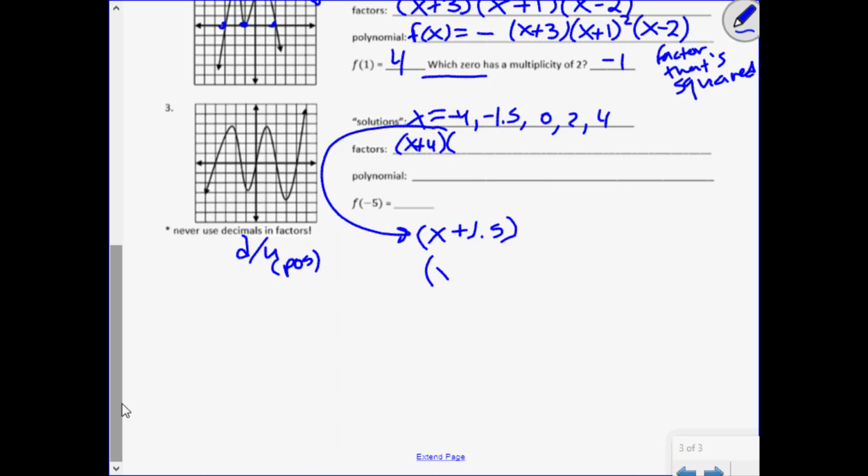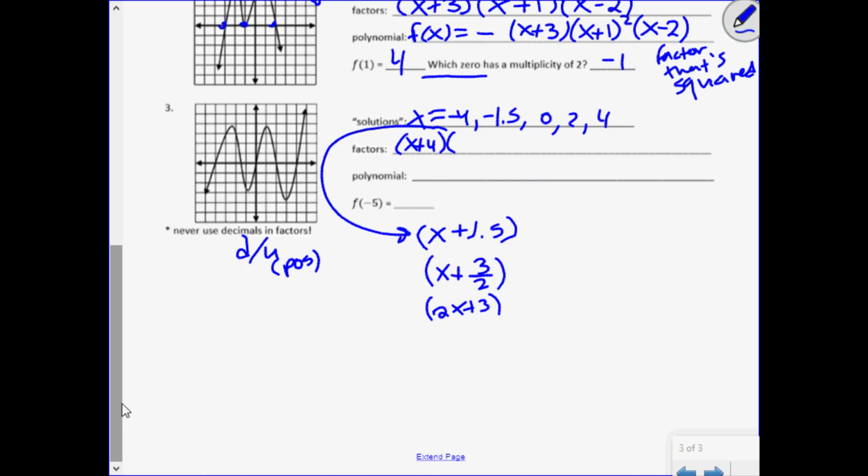So the first thing you want to do is convert the decimal into a fraction so we can see what we're working with here. So what would 1.5 be as a fraction? As a mixed number fraction. Now, once you've done this, the only thing you need to do to fix this so it's no longer a fraction is you're just going to swing the denominator over in front of the x, like this.